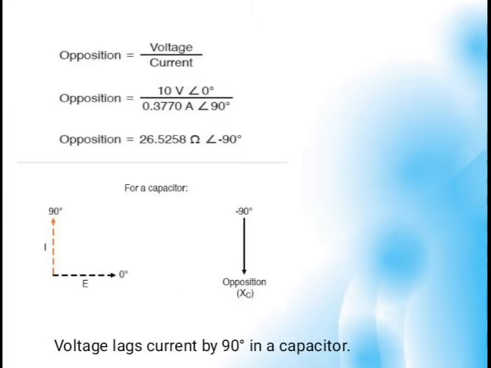Mathematically, we can say that the phase angle of a capacitor's opposition to current is negative 90 degrees, meaning that a capacitor's opposition to current is a negative imaginary quantity. See the figure given. This phase angle of reactive opposition to current becomes critically important in circuit analysis, especially for complex AC circuits where reactance and resistance interact.